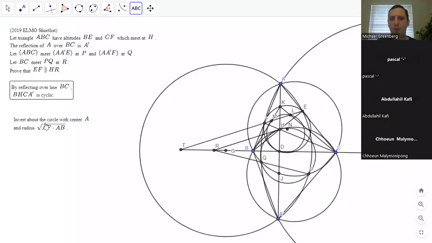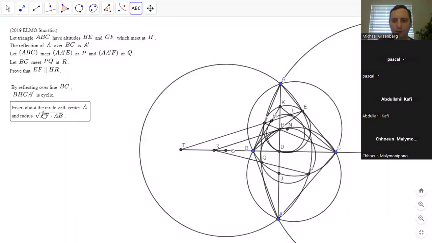So the inversion swaps F and D, H and D, A prime and K.